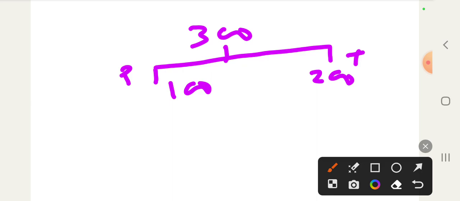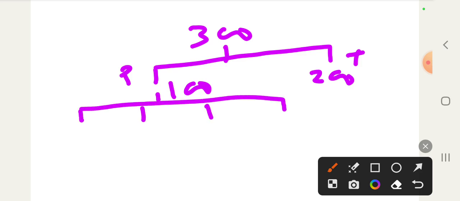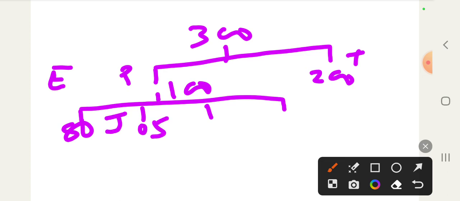This practical component of evaluation is divided into four parts. So the first part is related with your practical examination, which is of 80 marks. The second component is related with your journal completion, which is of 5 marks.